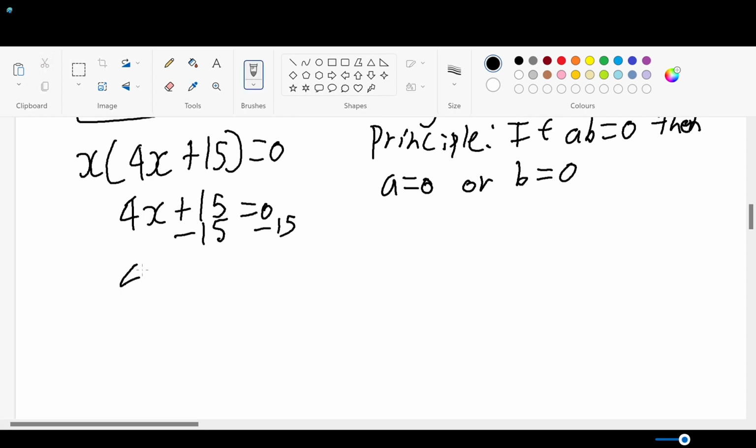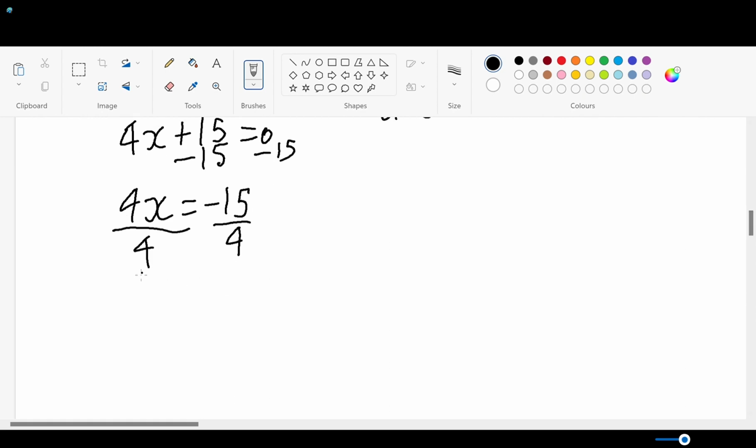Then 4x is equal to minus 15. Then divide by 4 on both sides, then you're left with x1 being equal to 0, and then x2 being equal to minus 15 over 4.